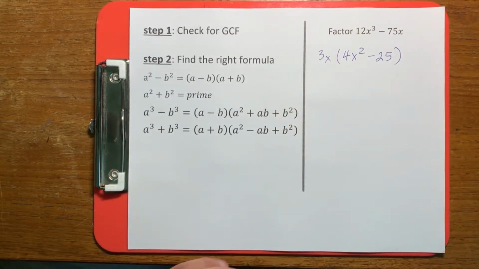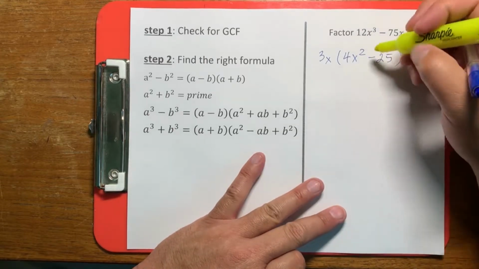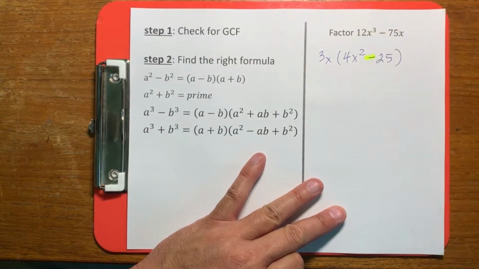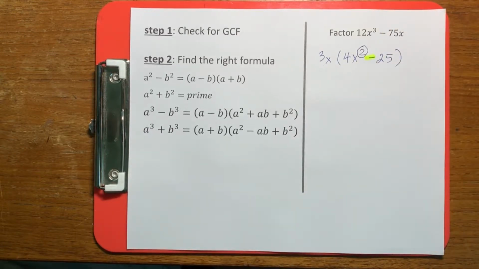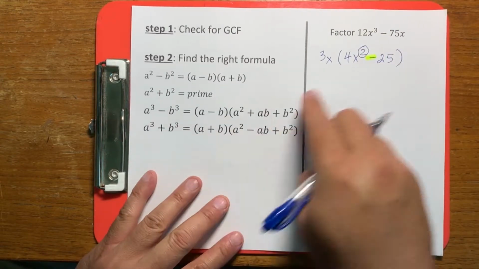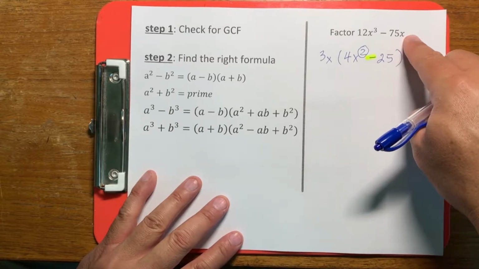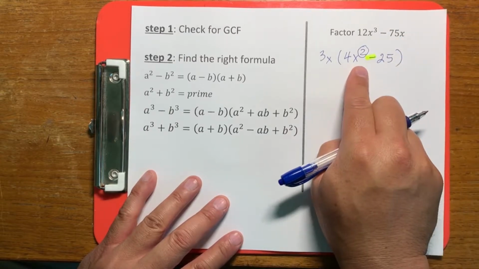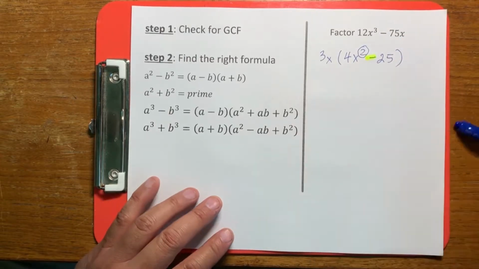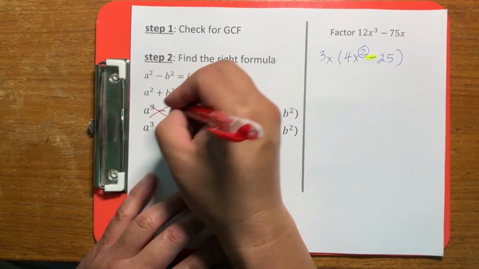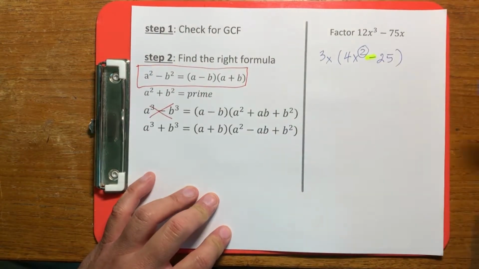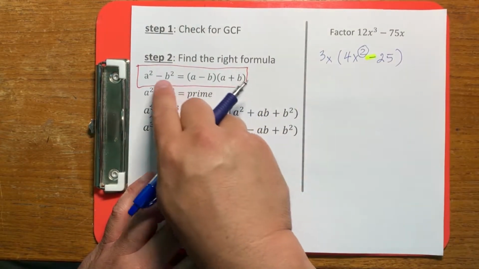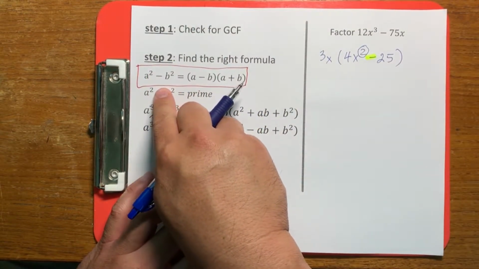At this point, this is when we look at the operator and the exponent to determine which formula we're going to use. We are not going to look at the original problem, but the one that has the GCF pulled out. So we're not going to use this formula. We're going to use this formula because once we pull out the GCF, the square and the minus matches it.